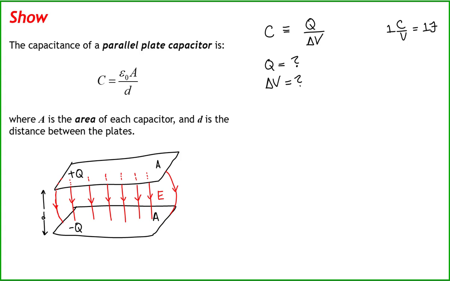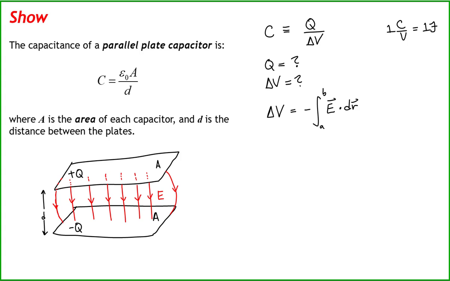Because there is an electric field that's established in the space between the plates, we do know one connection between electric field and electric potential: the potential difference between 2 points in an electric field is equal to the negative of the line integral of that electric field.